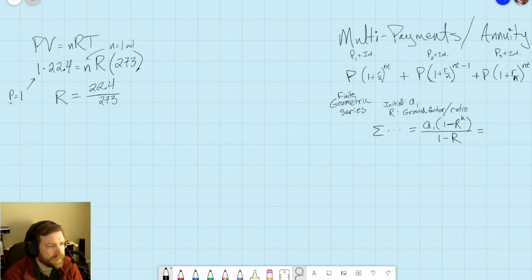Okay, cool. I will leave it as an exercise to the reader to figure out what the units on R are, because that's going to be rather interesting for that one.